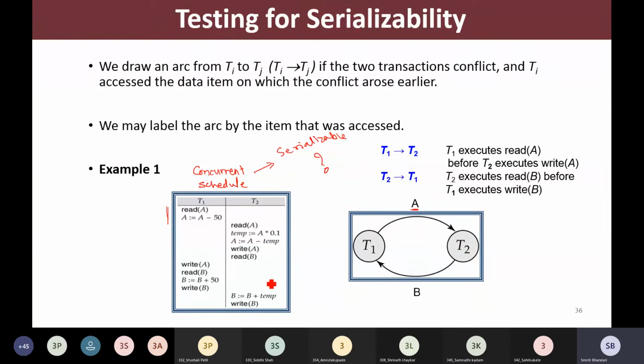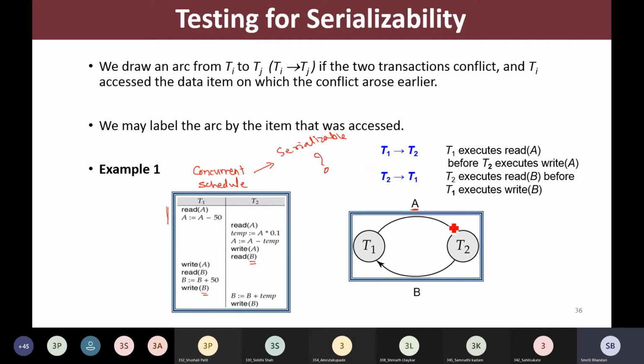Similarly, if we look at this other data item B, then T2 is executing read B before T1 executes this write B. So once again there is a conflict, right?